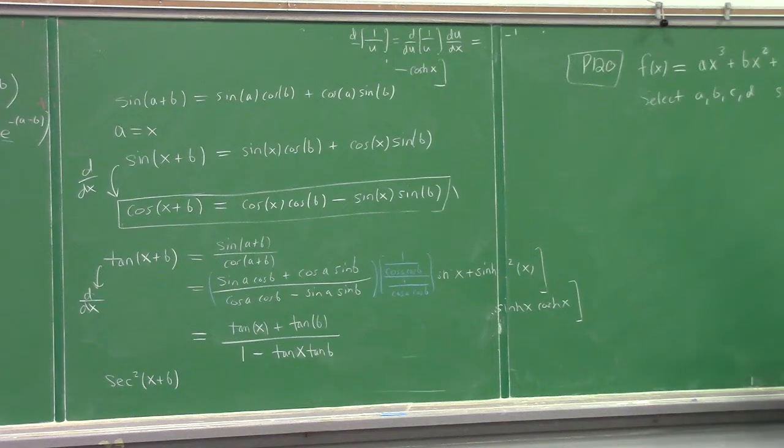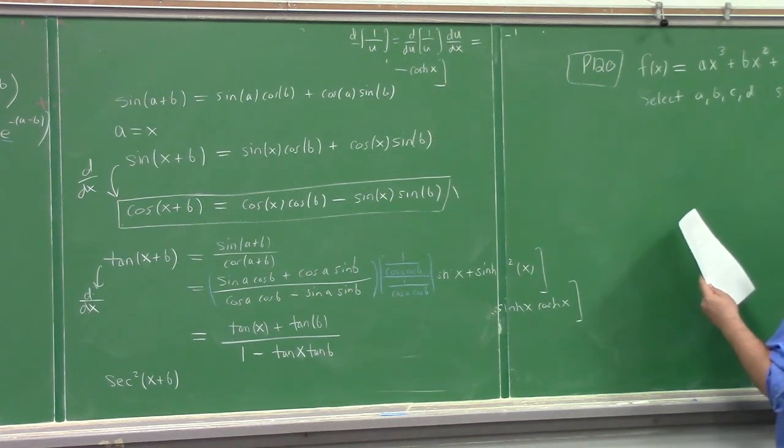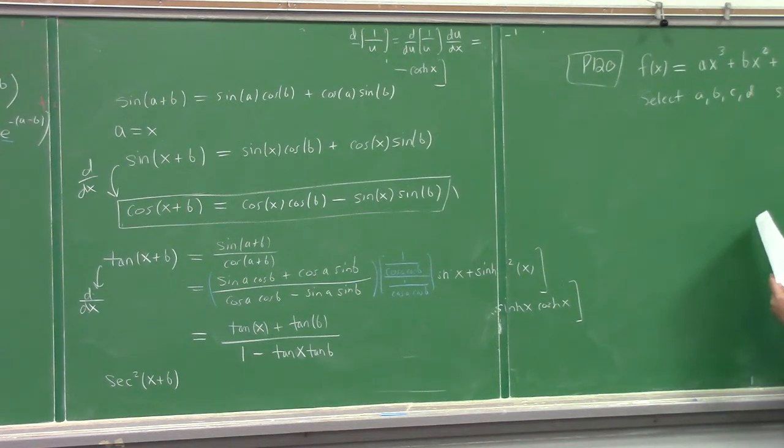Anything else I know? Oh, it's got a local minimum value of 0 at x equal to 1. f of 1 equals 0 is a local min.